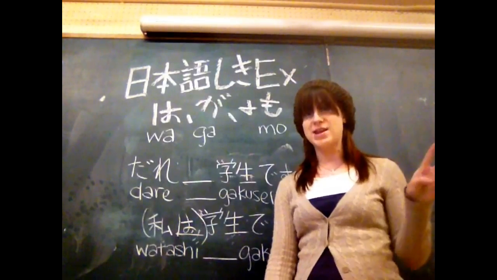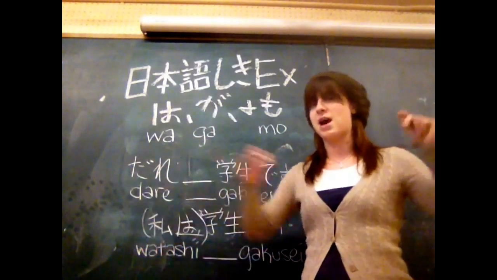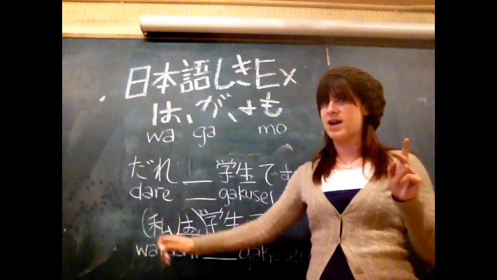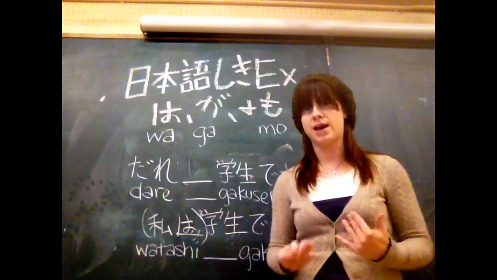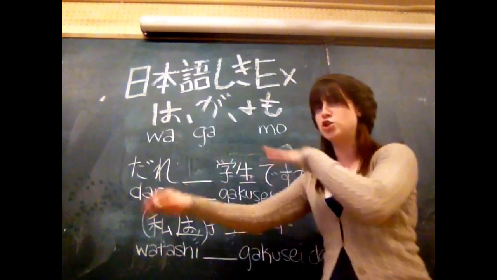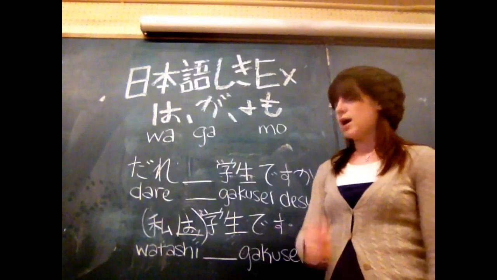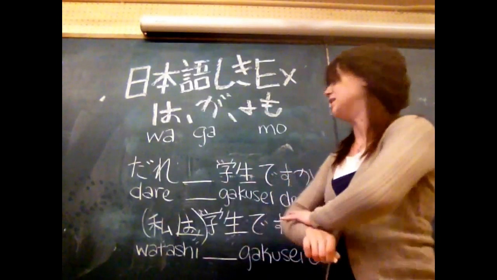Or if we're changing topics, and we were talking about Bob a second ago, but now we're talking about me, I would clarify that and say Bob ga, demo watashi wa. I do something else. I'm different. This is a new thing we're talking about now. That's pretty much the main cases you'll hear it in spoken Japanese.